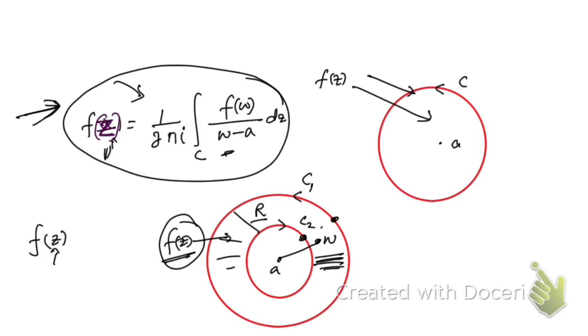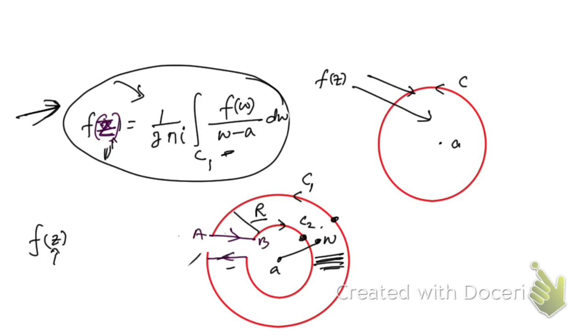So this dz is replaced by dw, and this is along, suppose, C1. As we have two circles, if we use a cut here to connect these regions, suppose this is AB, and this is BA.